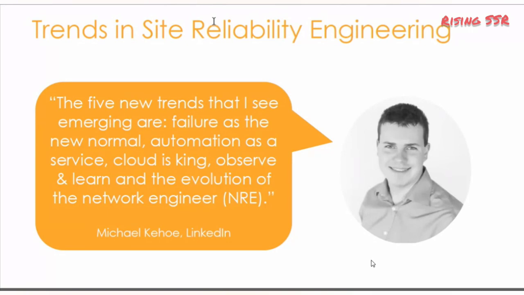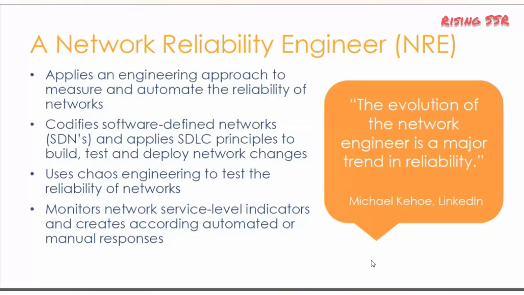We will see certain new things, which to me appear a bit funny, because there is nothing that I see new in this. For example, network reliability engineer. We are talking about the reliability aspects of network.